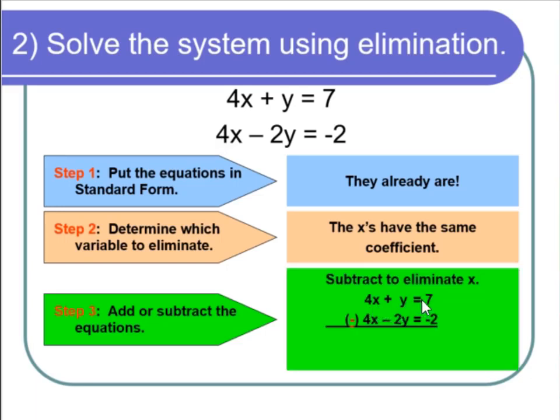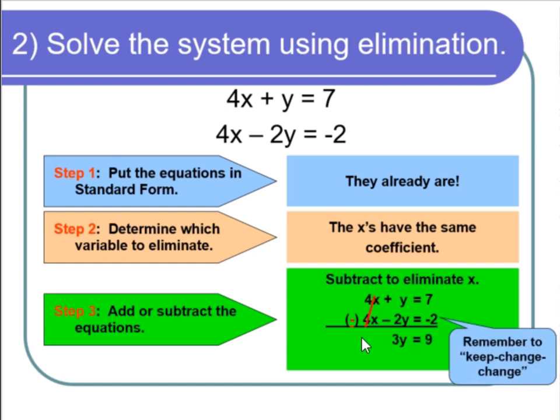So we have 4x plus y is equal to 7 minus the second equation, 4x minus 2y is equal to negative 2. 4x minus 4x will be equal to 0. Therefore, 4x will be eliminated. And then y minus negative 2y will be equal to 3y, and 7 minus negative 2 is equal to positive 9.